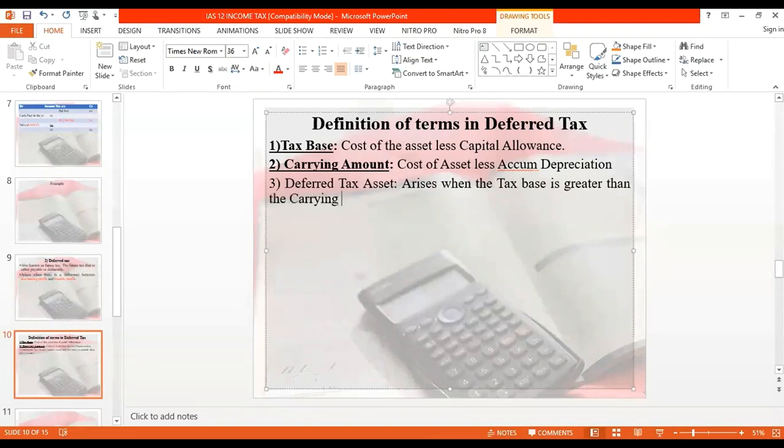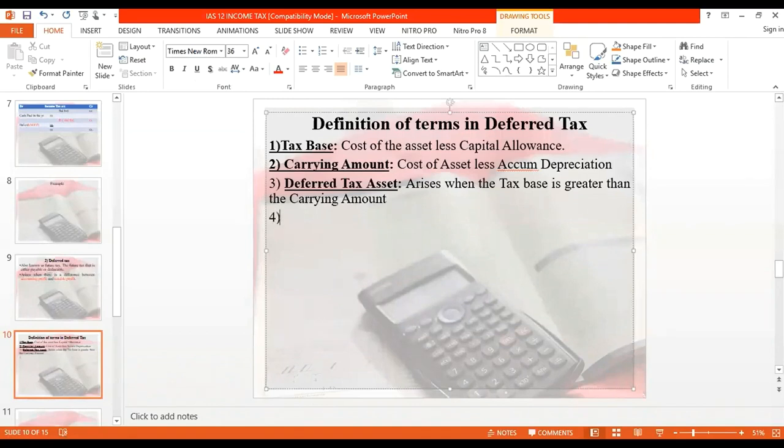Take note of that. That is why I was defining tax base and carrying amount. What is tax base? It is the cost of the asset minus capital allowance. The exam question will be very clear on what the allowance is. Of course, a deferred tax asset will be treated as a non-current asset because it's an asset. I'll come back to that when showing extracts.